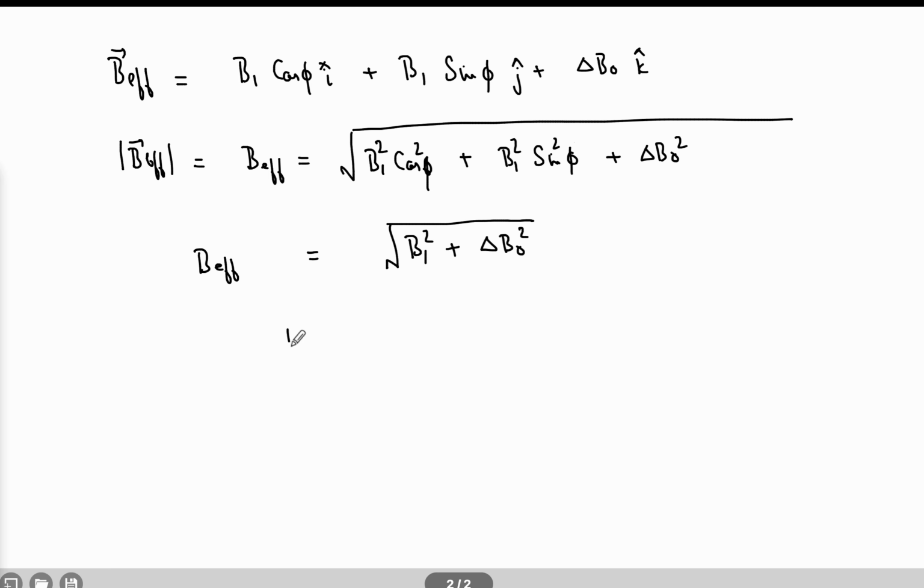You can also write B effective is equal to B1 over sine theta, where theta is the angle. So let me draw this again. Delta B naught. This is B1.